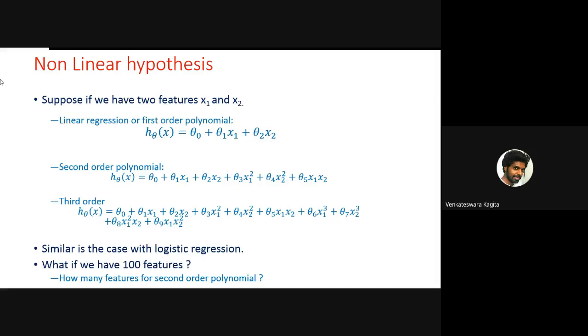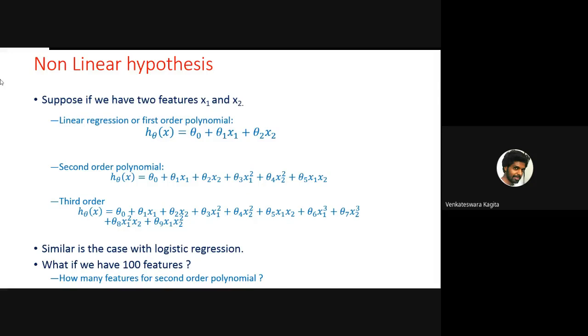All these varieties of combinations with the third order also we need to include. This is similar with the logistic regression also. Only thing is h theta of x is a function of all this. After you find out this quantity, you have to give it to the sigmoid. That is the only difference between the linear regression and logistic regression.